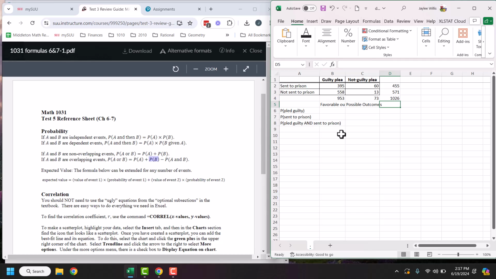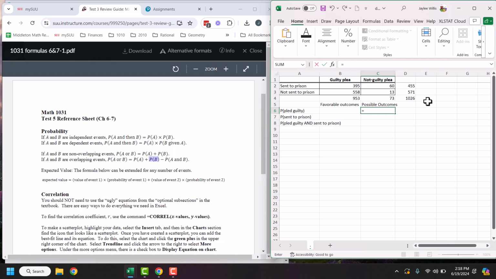So let's see. So the probability of randomly choosing someone and then pleading guilty. Well, there's 1,026 possible people that you could choose a random person from. So that's the number of possible outcomes. And the number of people who pled guilty is 953.